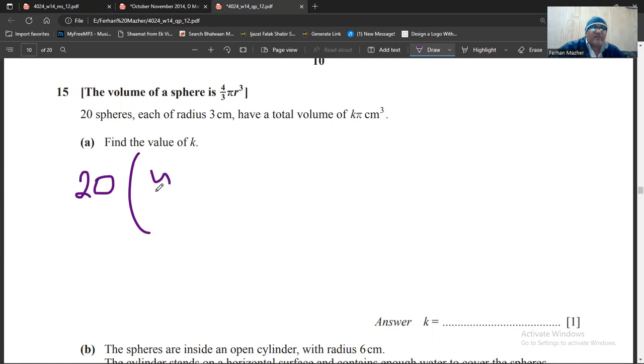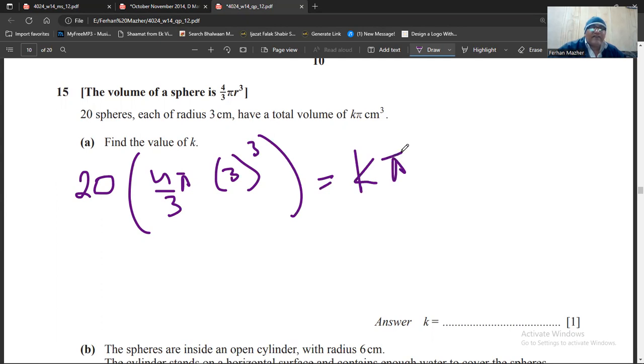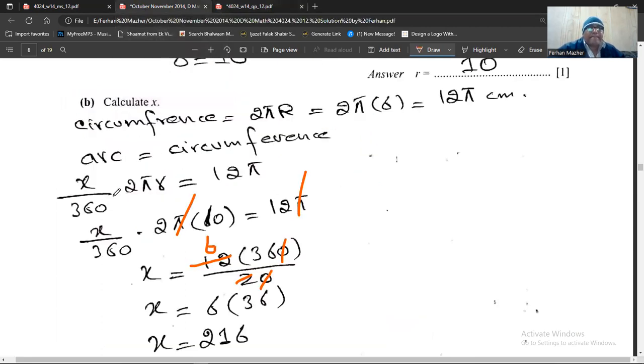One sphere is 4 by 3 π and radius cubed. The radius is 3, so it's 3 cubed, and that equals kπ, since the total volume of the spheres is kπ. From here, just get the value of k.